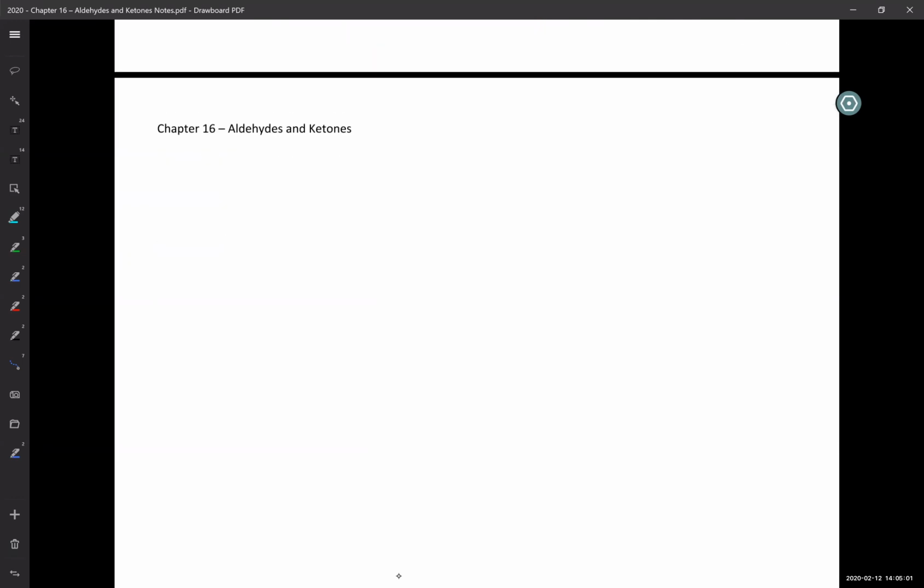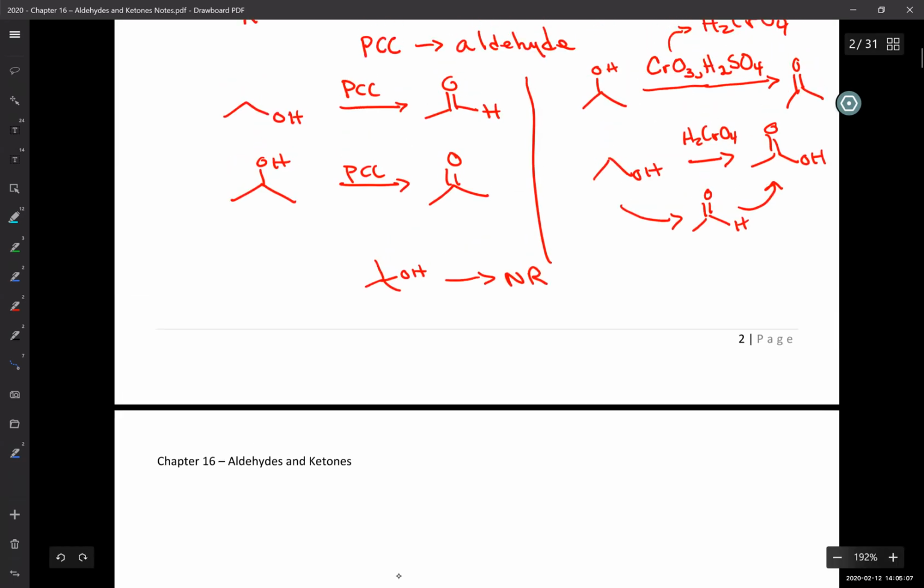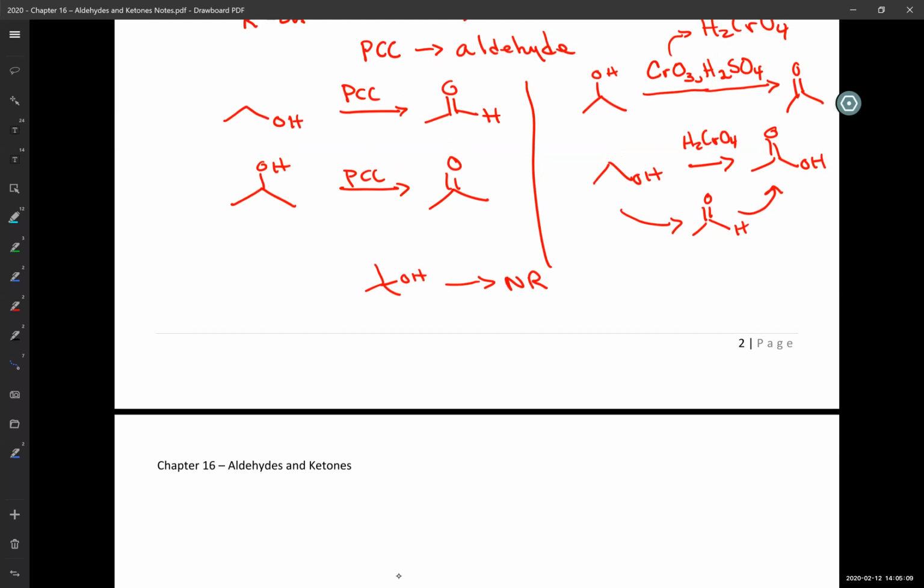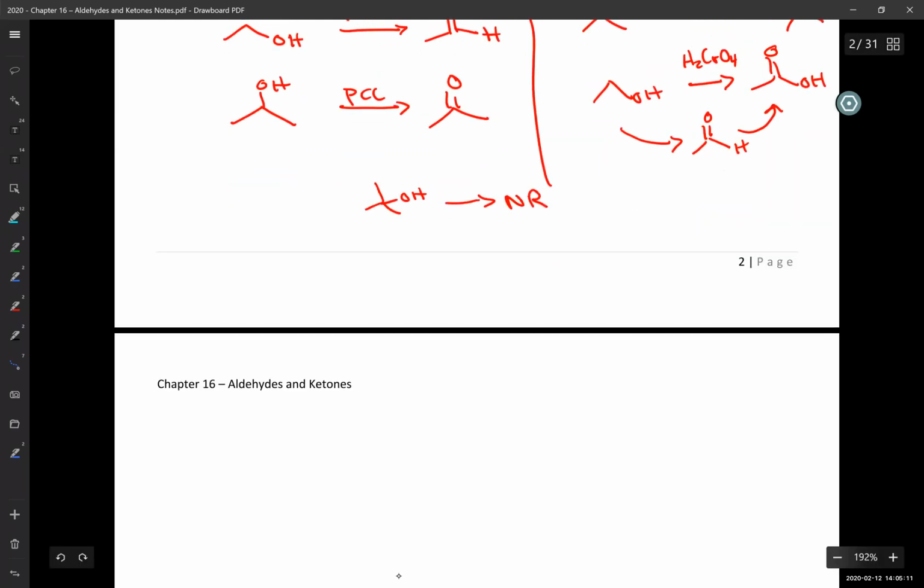Okay, so you can make from alcohols, right? They're all chromate oxidations. Oh yeah, one other I should mention that you can do is bleach. I'll put it on the left side. So it's ClO minus. Sorry, ClO minus. Hypochlorite.